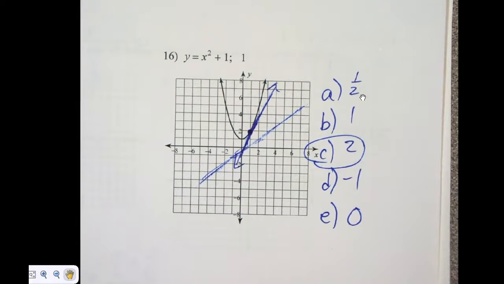I just thought I was thinking 1. Basically, my thought process was really confusing on that one, and it messed me up. Does anybody want to argue that it's 1 and not 2? Do you see why I'm saying 2 and not 1?